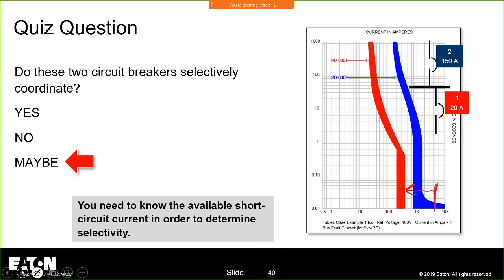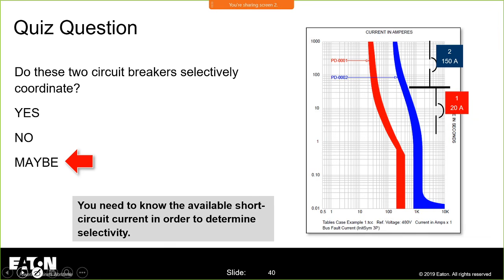You add a transformer, that is one big hunk of iron that will add a big impedance, and it will knock your fault currents down considerably. And I have a very good chance of being in this region of my trip curve. But that's expensive, right? You're going to add a transformer. That's not cheap. That's going to take some physical space. You're going to need a primary and a secondary overcurrent protective device. All kinds of good stuff that's going to happen there.